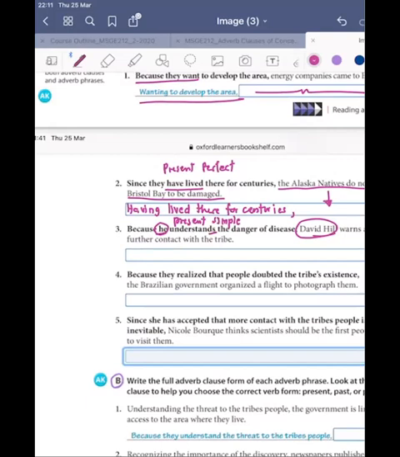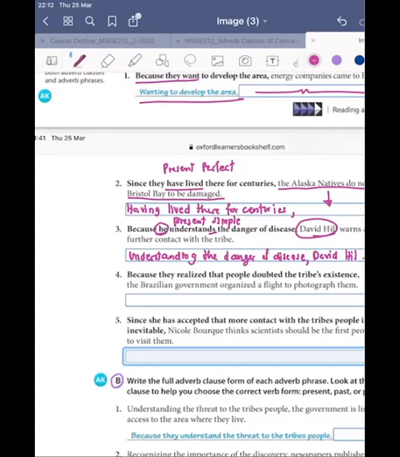Just make it ing, okay? Understanding the danger of disease. And the rest stays the same. David Hill warns against further contact with the tribe.